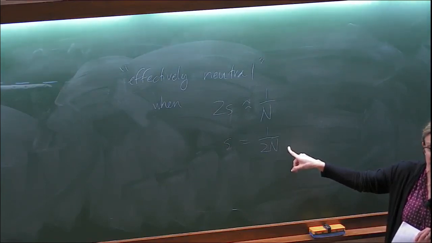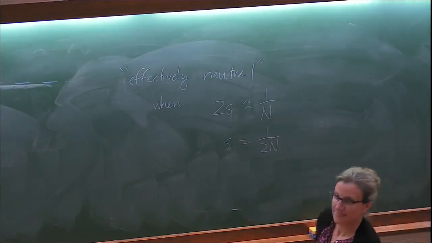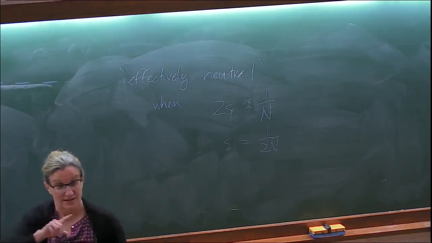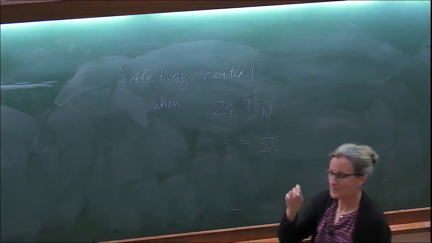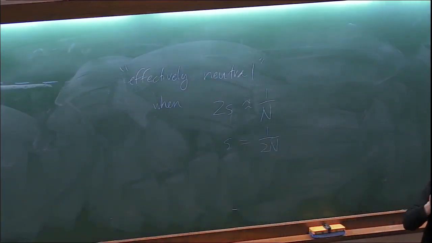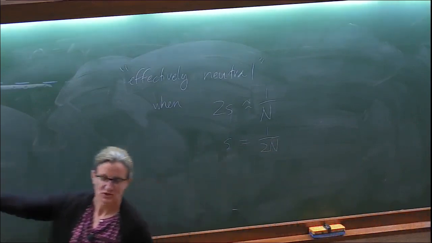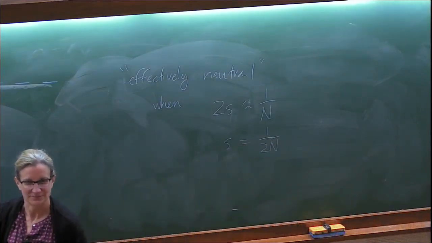This is a really common threshold for neutrality. I often find there are all these little rules of thumb about n and s that you need to remember. But if you can just remember this picture, you can always rederive that in your head instantly.